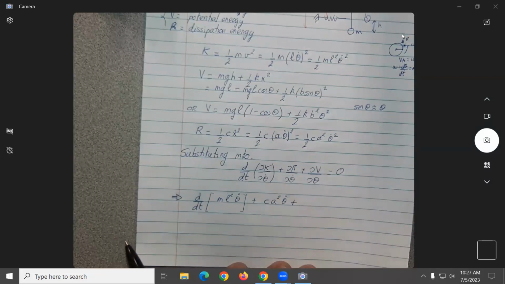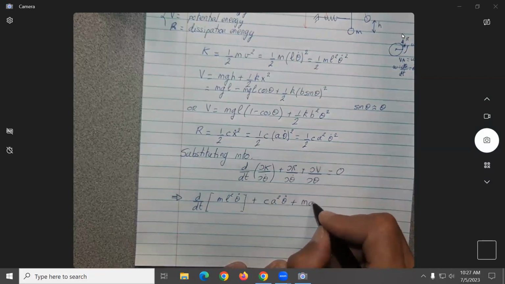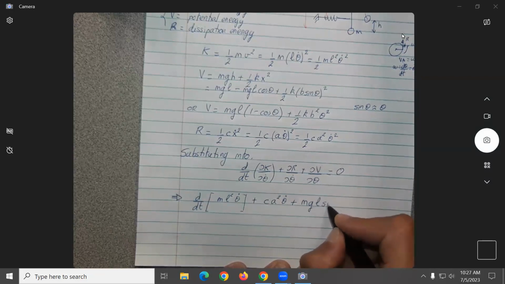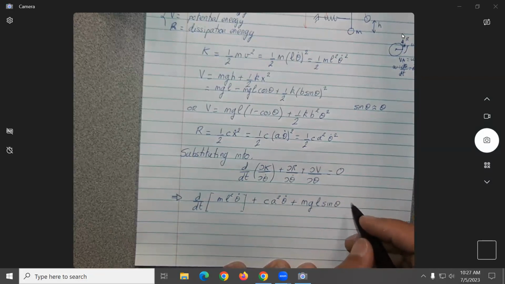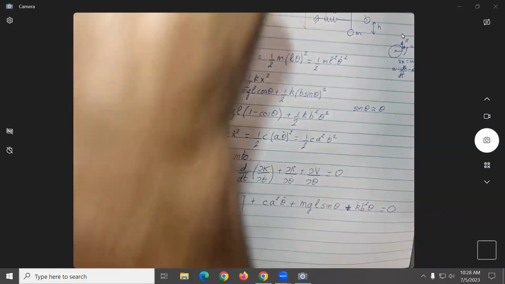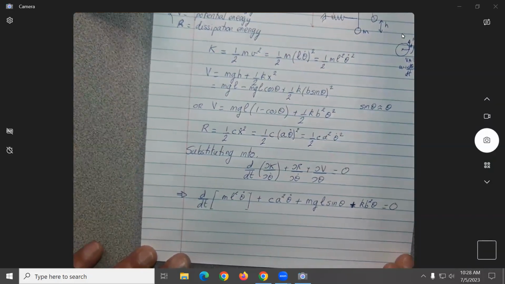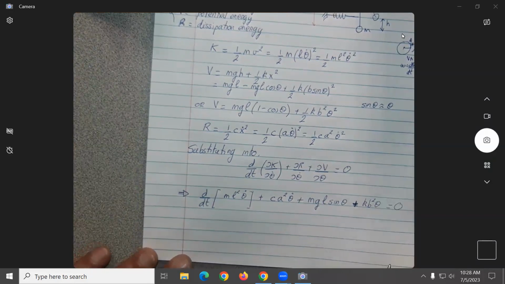So cosine will be minus sine, no? So we'll get plus MGL sine theta. Oh yeah, I almost forgot that one, plus the other term will be K B squared theta. Thank you, I almost forgot that one. Oh, interesting, you see?